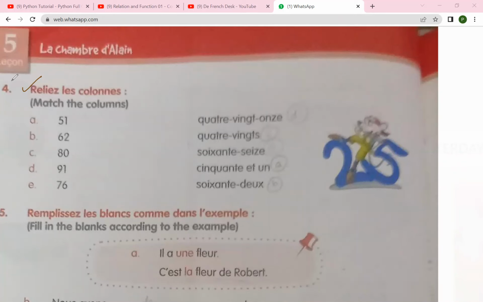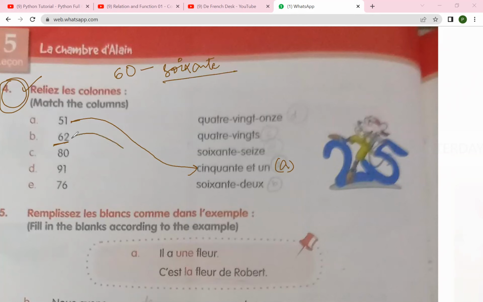Again, this question is very easy for you if you have watched the previous video on number names and if you have revised them and learnt them. So 51 is cinquante et un, so this matches with this one. So this is A. 62, the number name for 60 if you remember is soixante. So soixante-deux, I can see the last one. So this becomes B. Now 80, the word for 80 is quatre-vingts with an S here.